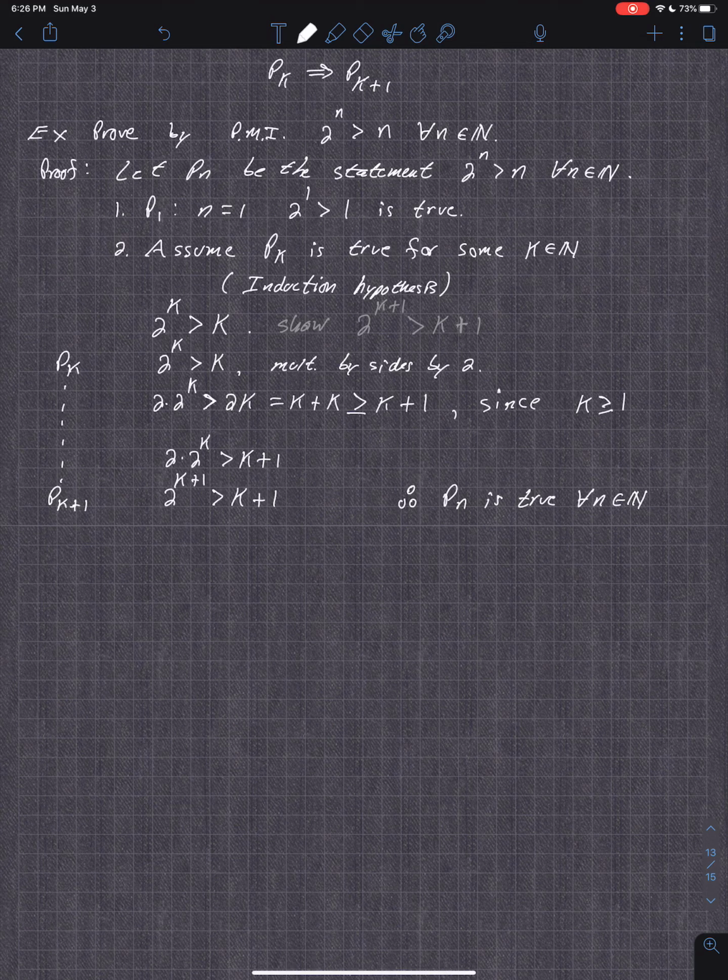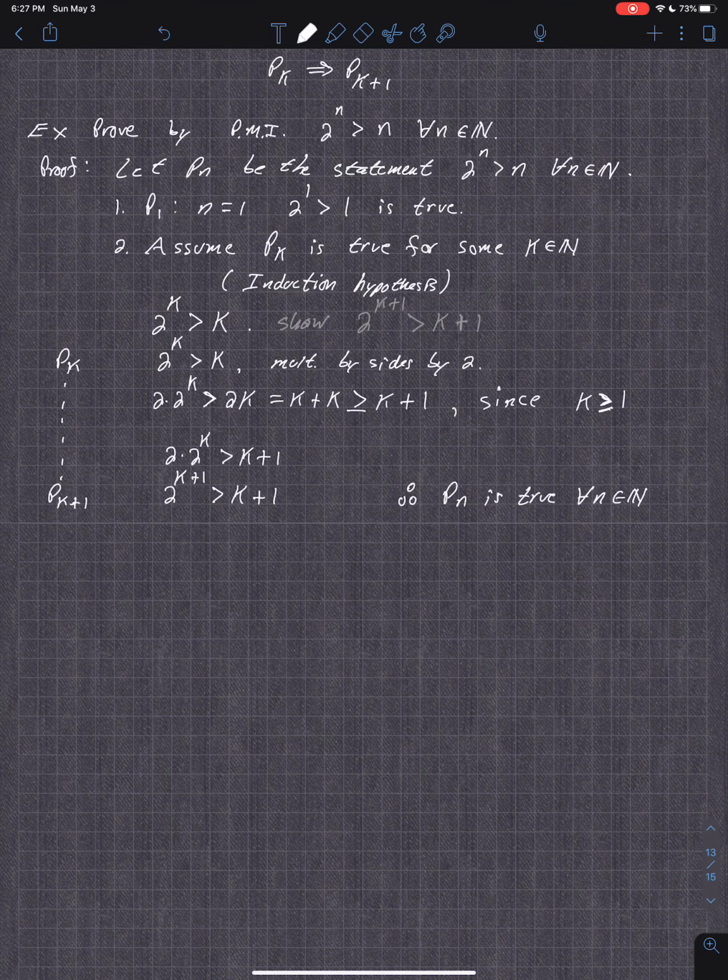In other words, it's because of this statement here. You can say that k is greater than or equal to 1. So this k is greater than this 1. All right. The next step is a logical implication. You can go from here to here because you're just using transitivity of inequality.